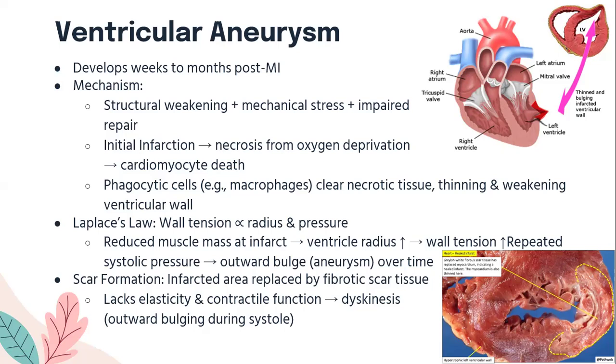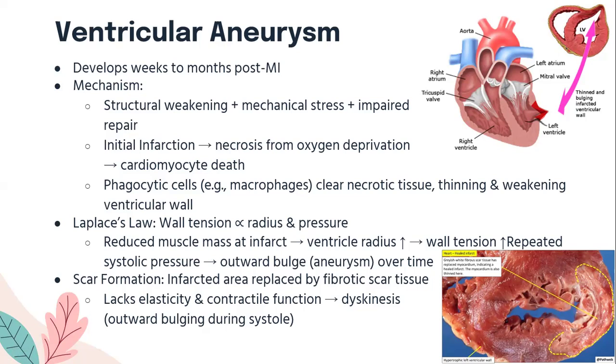After an MI, the affected area of the heart undergoes necrosis due to oxygen deprivation, leading to the death of cardiomyocytes, which are the heart muscle cells. In the days following the infarction, phagocytic cells like macrophages begin to clear out the necrotic tissue.